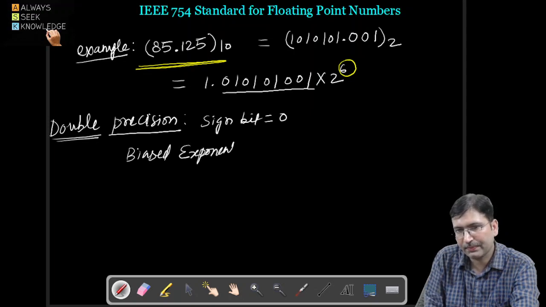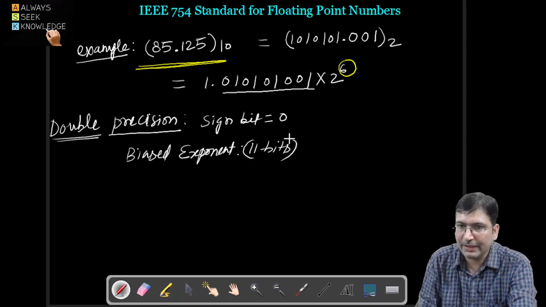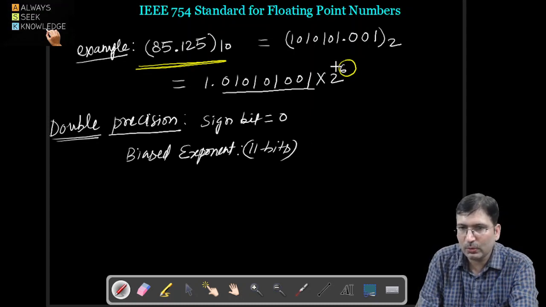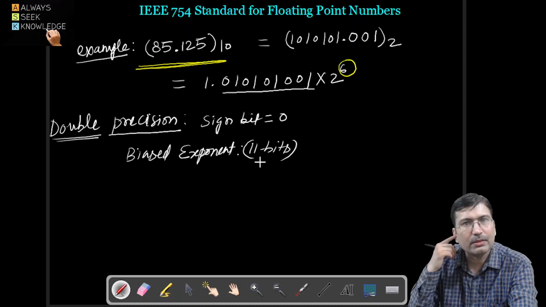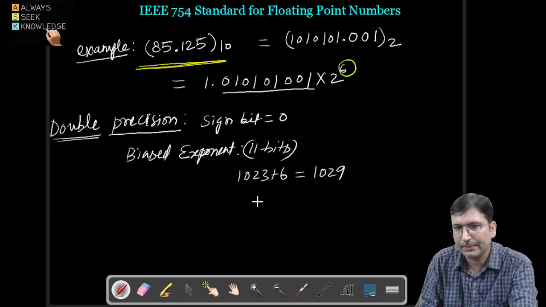After the sign bit, there is the biased exponent, and in double precision, the biased exponent has 11 bits. The value of bias in double precision is 1023. So in this case, the exponent value 6 will be added to 1023. So 1023 plus 6 will give us 1029.